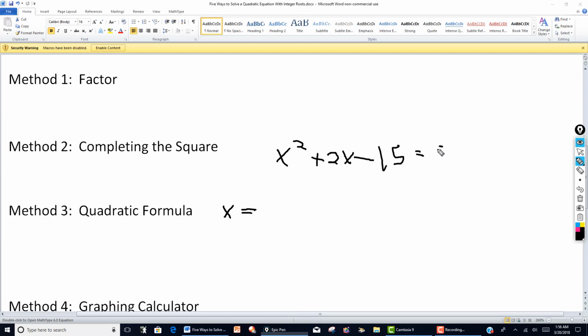Okay, so it says minus b. Okay, so a is 1, b is 2, and c is negative 15.